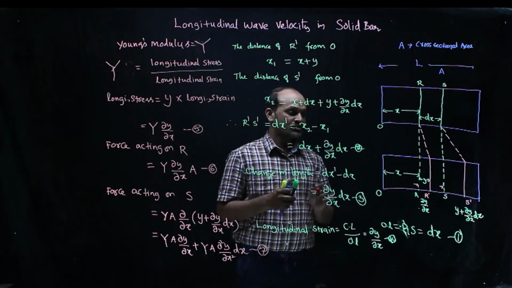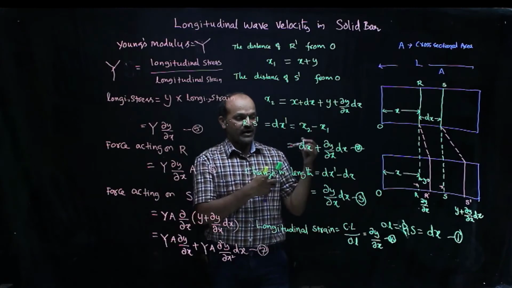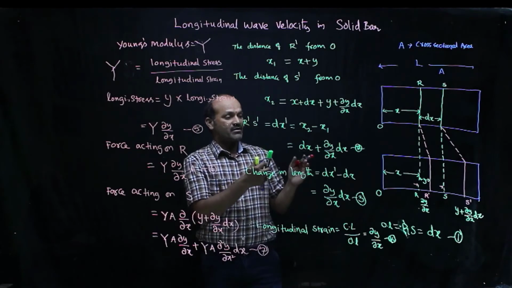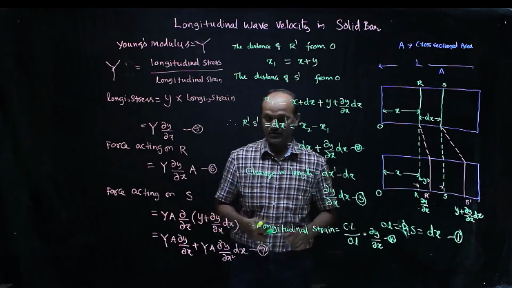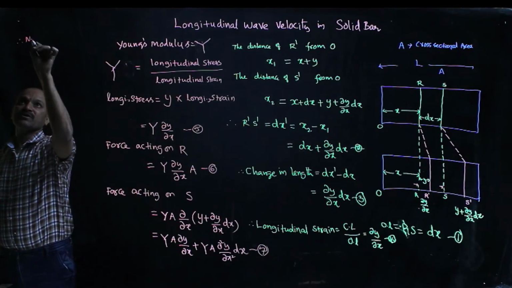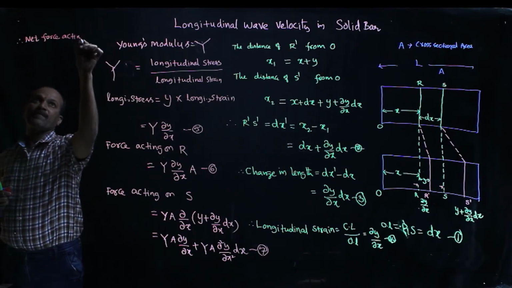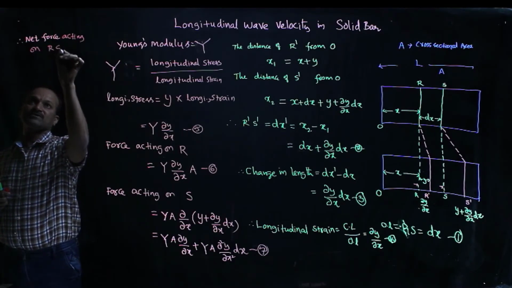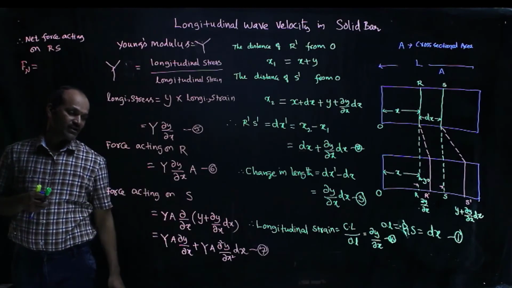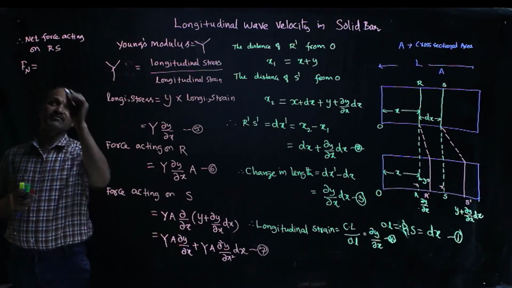plane. Due to that force, it will get displaced. Actually, the force acting on R and the force acting on S, two forces are there. That RS will be shifted in the net force direction. So here the net force also we will calculate. Therefore, net force acting on RS is Fn. If I write this value minus this value, YA ∂y/∂x gets cancelled, only the remaining thing we get.